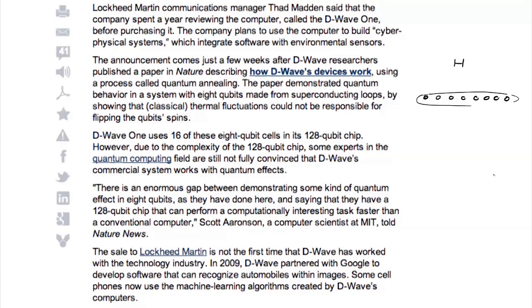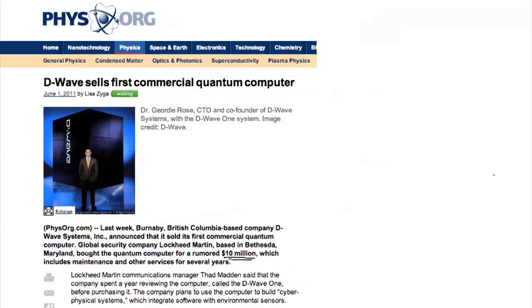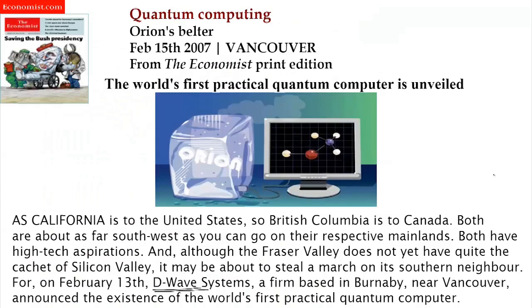So this is the kind of thing where somebody clearly should be performing the experiments, and it's a good thing D-Wave is. The bad part of it is D-Wave is a commercial company, and so they need to hype up their results in order to say they are doing something worthwhile. And that's where the problem arises. That's where these kinds of headlines come up, which say they've created the first practical quantum computer.